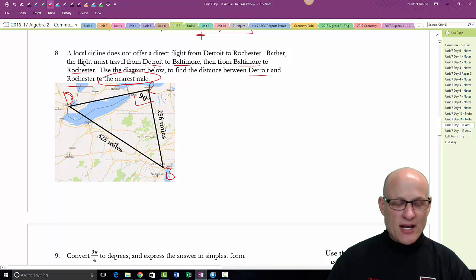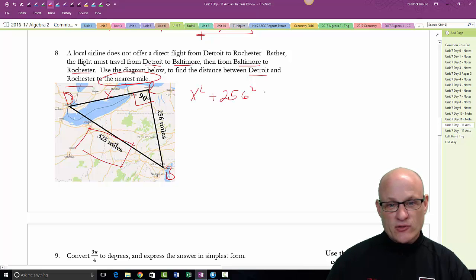Well, this is just a right triangle. So all I have to do is the Pythagorean theorem. Don't forget the hypotenuse is always on the right side of the equation. So x squared plus 256 squared is equal to 325 squared.